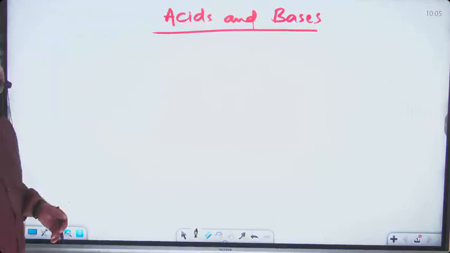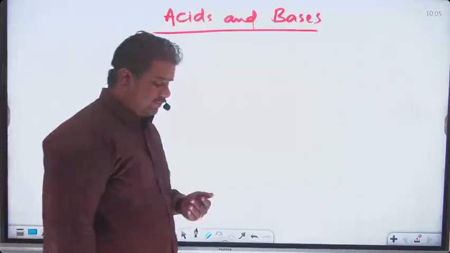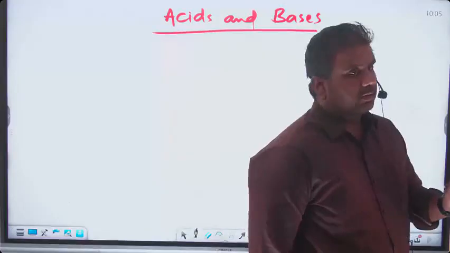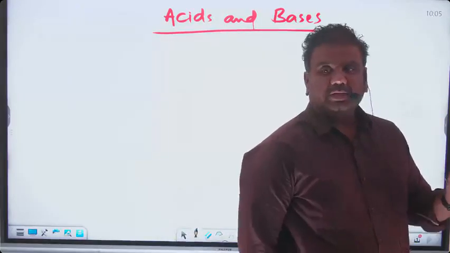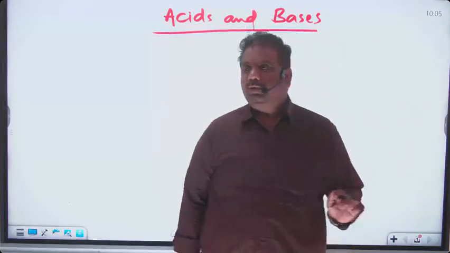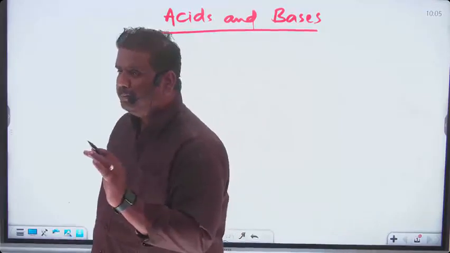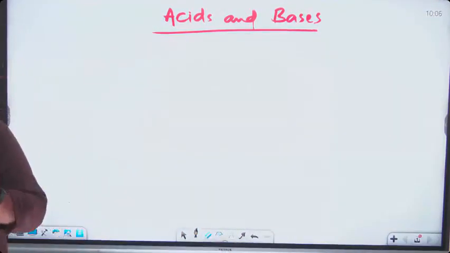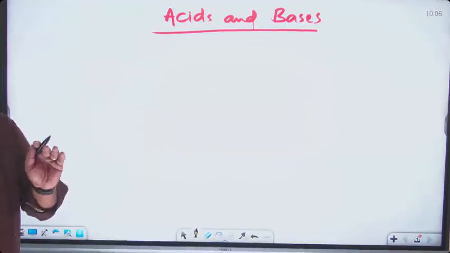In all these things we have various types of acids which are required by the human body, particularly in the process of digestion. All these acids are very, very essential for us.